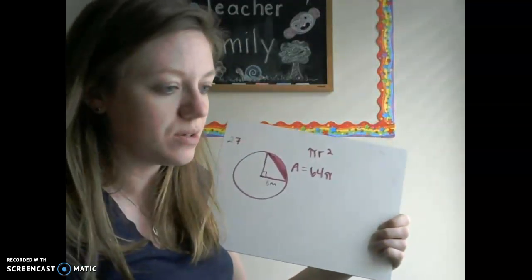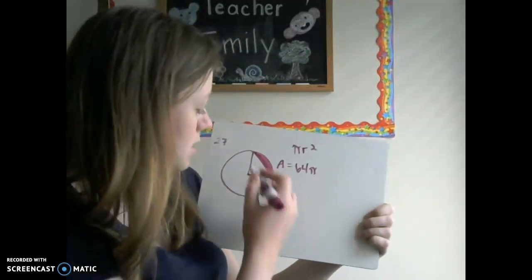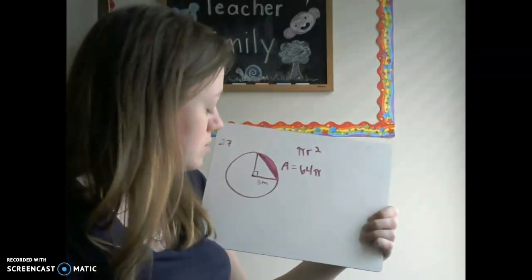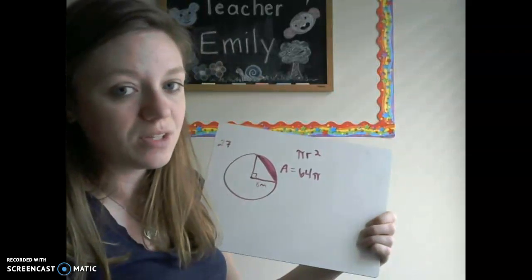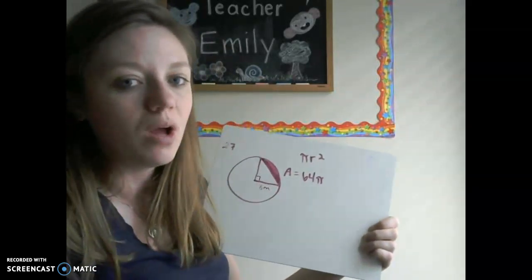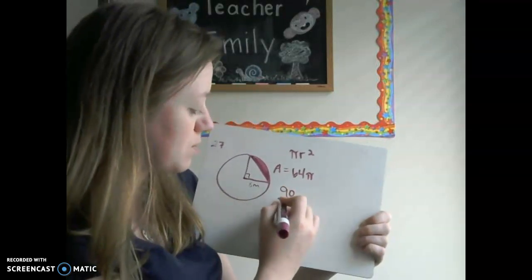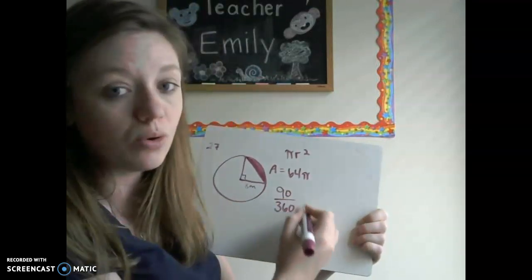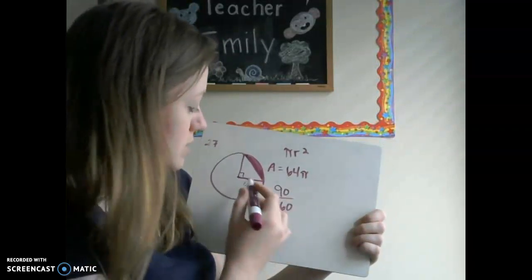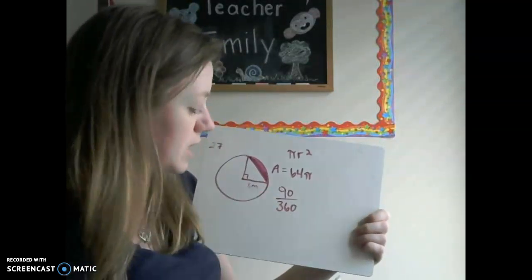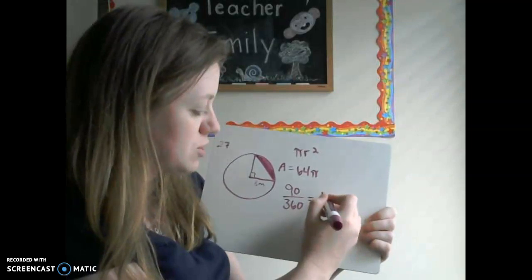Now we can look at this circle and know that it's a 90-degree angle. So if you didn't just see it and know, you can find the percent of the circle that we need, which is 90 over 360. 360 is the total degrees around the circle, and this is 90 degrees that we're actually looking at, which reduces down to 1 over 4.